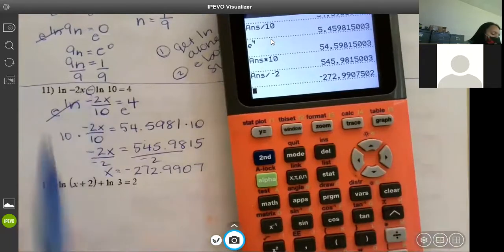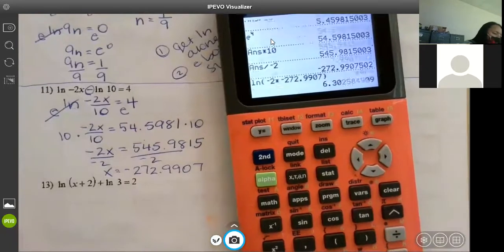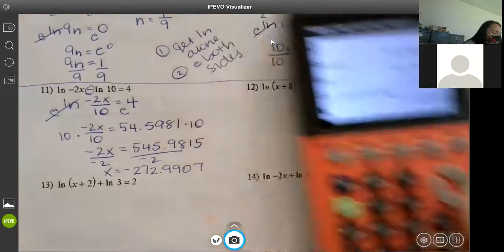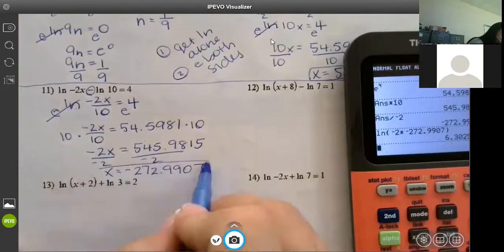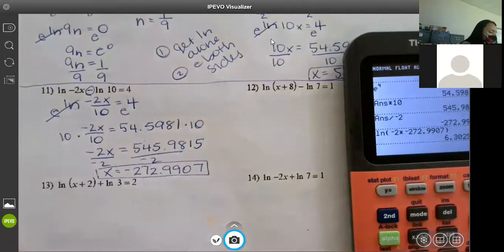If I plug it in right here, ln of negative 2 times negative 272.9907, I still get a number, so I'm good. You're looking for an error. If an error happens, you just mark that number out. It's an extraneous solution. So this one works. I don't have to check it on the other one because it doesn't have an x.